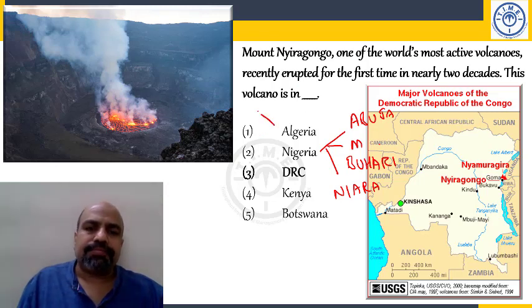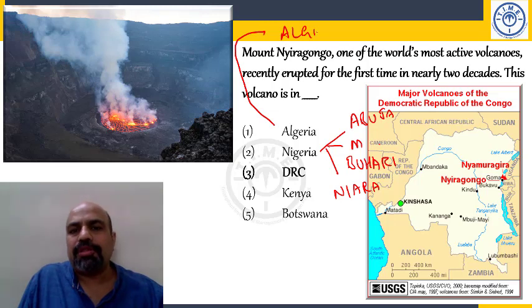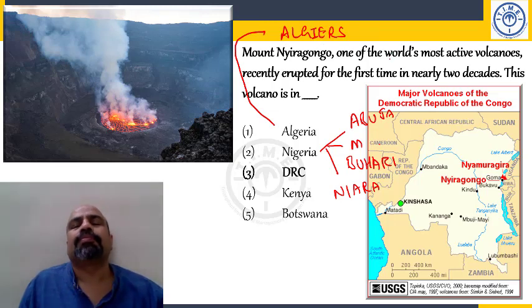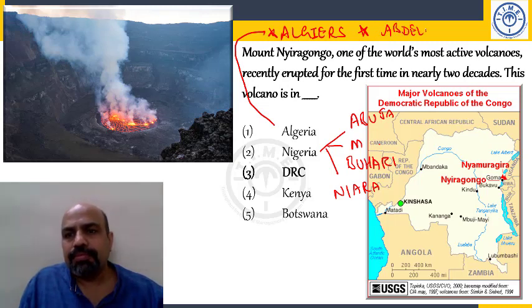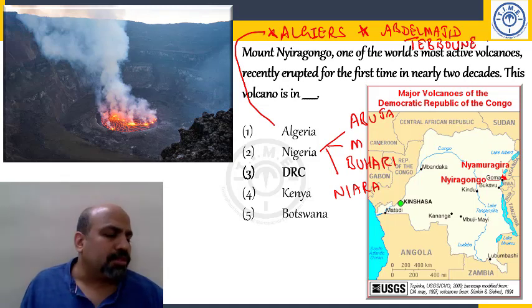Next, Algeria. It's in North Africa. Its capital is Algiers. President is Abdelmadjid Tebboune.